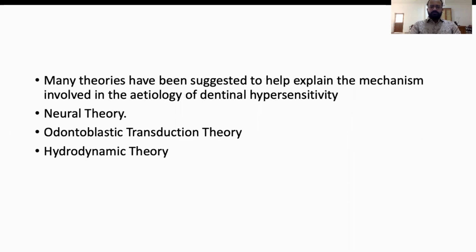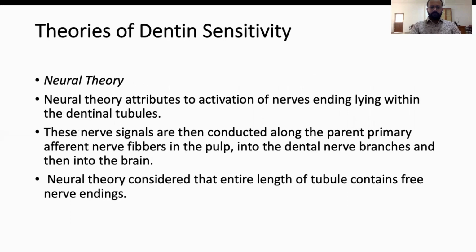Many theories have been suggested to explain the mechanism involved in the etiology of dentin sensitivity. These theories are the neural theory, the odontoblastic transduction theory, and the hydrodynamic theory. Coming to these theories one by one in detail, the first one, the neural theory, attributes it to the activation of nerve endings lying within the dentinal tubules.